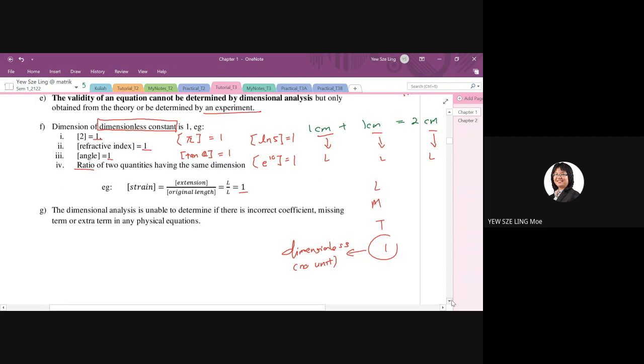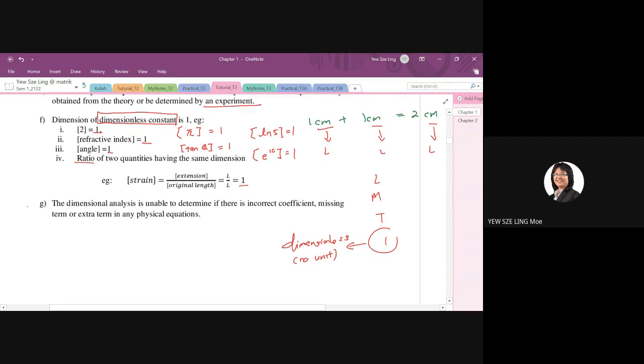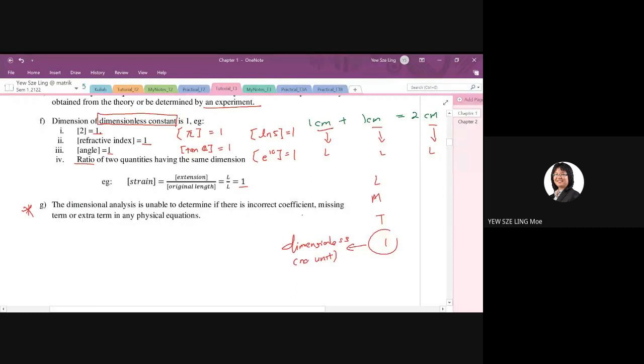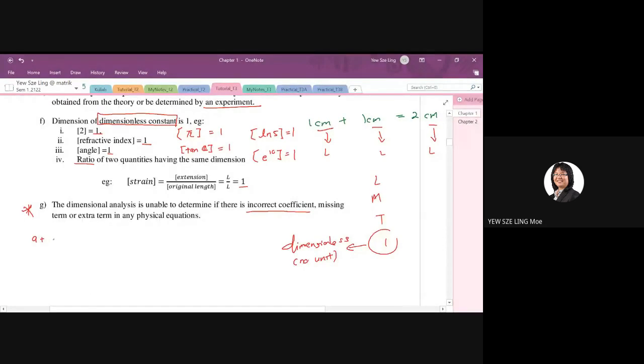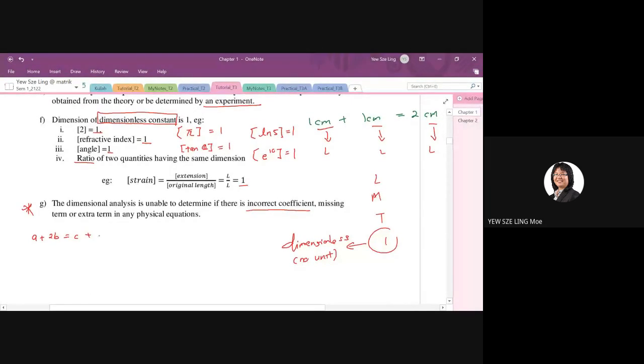Now the last one tells you why you can't use dimensional analysis to determine whether an equation is correct or not. First, it is unable to determine if there's any incorrect coefficient. For example, you have an equation a plus 2b equals c plus d.